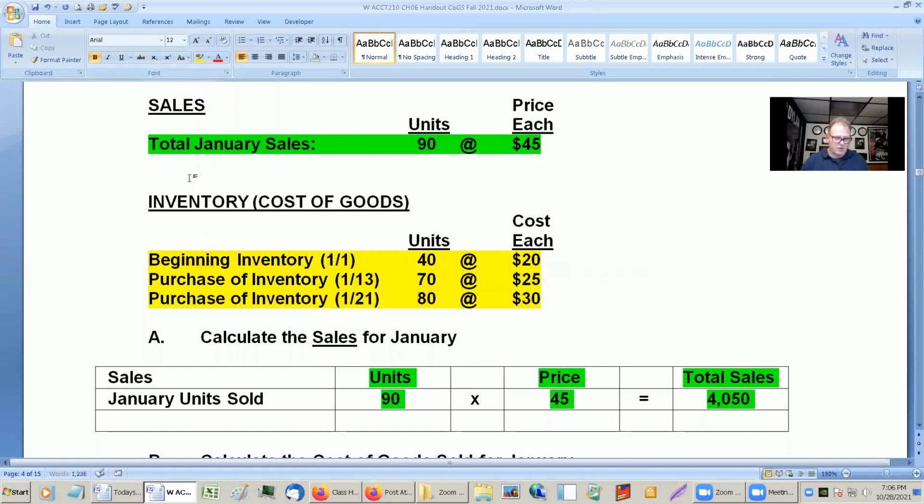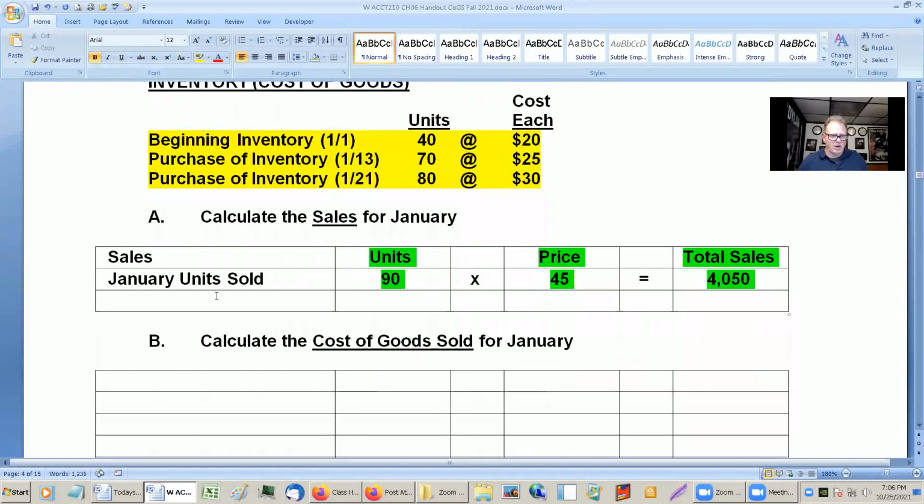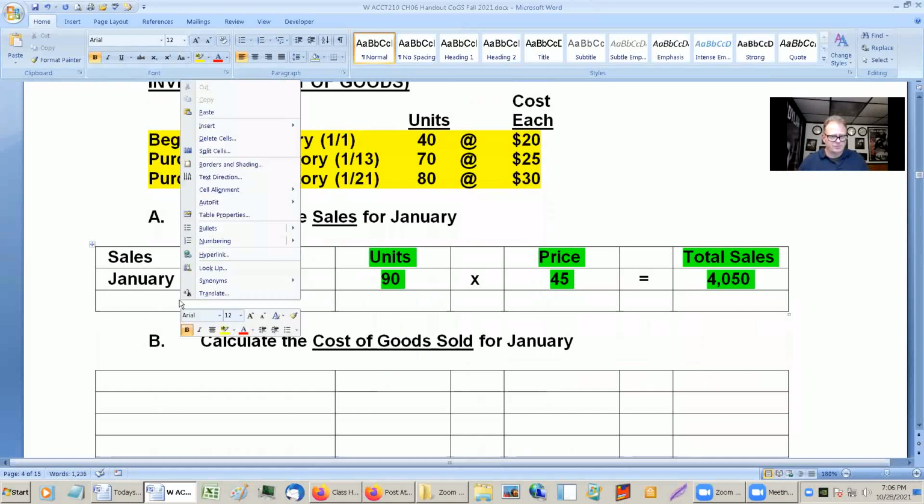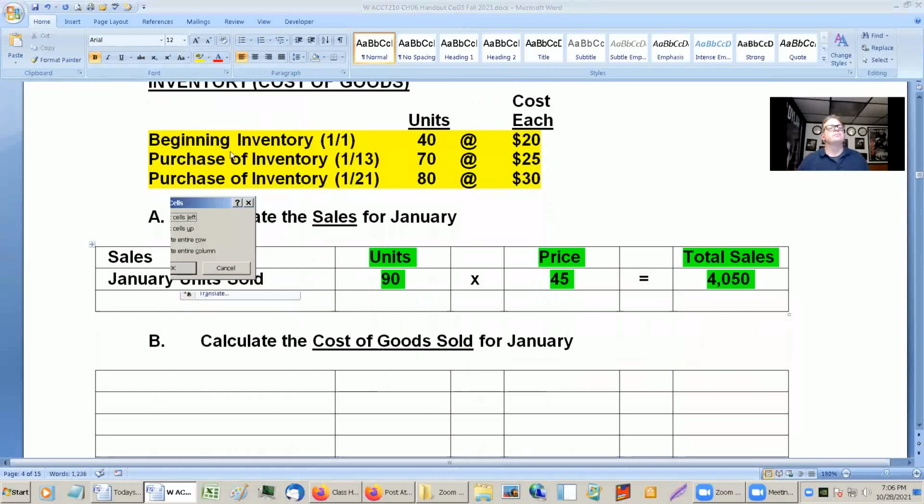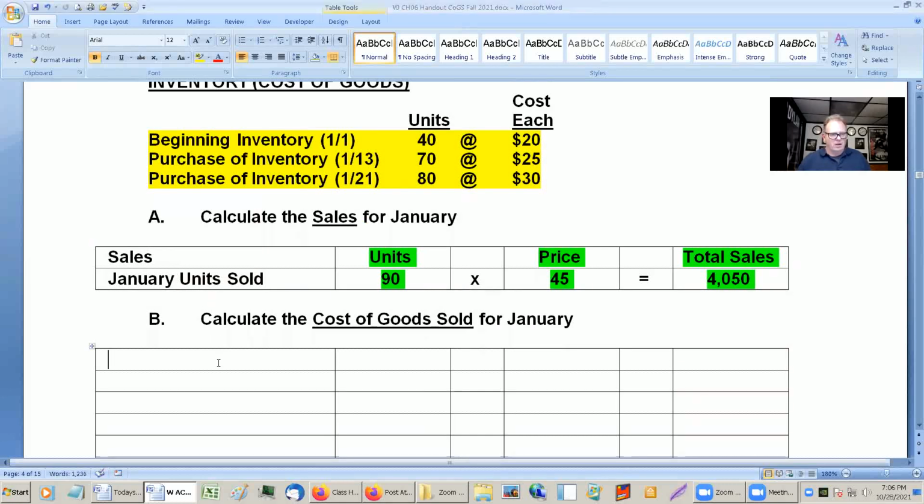And now for the tricky part, and that is the cost of goods sold. Okay.